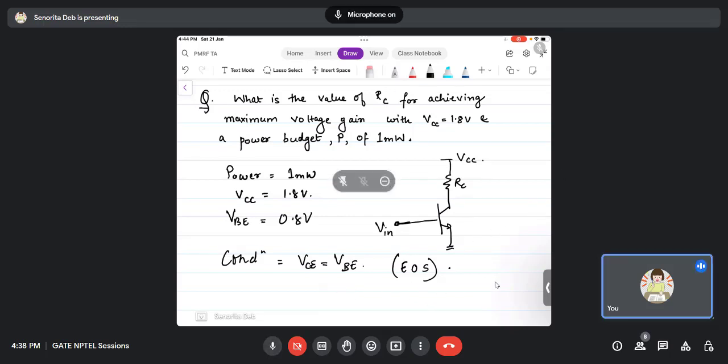Did anyone finish? It's a simple thing. The value of power is given, so first find out IC from it. If you have IC, you already have GM, and then you can find RC with the edge of saturation concept. I'm giving you 1 or 2 minutes more, then I will solve this.